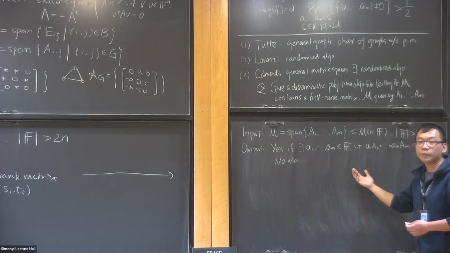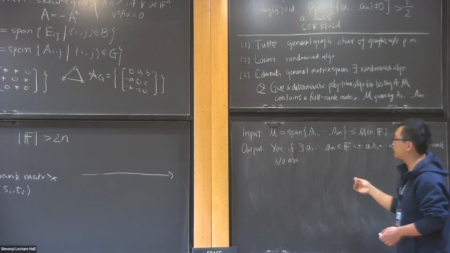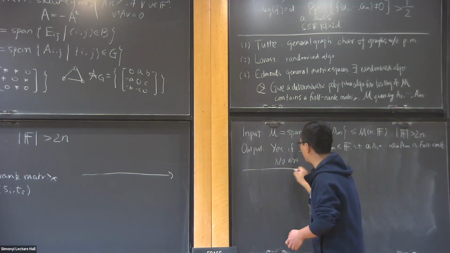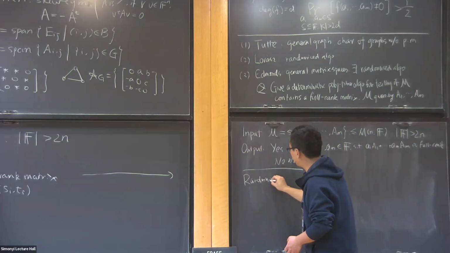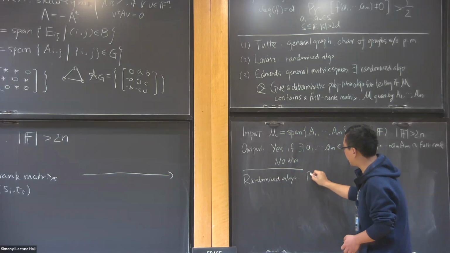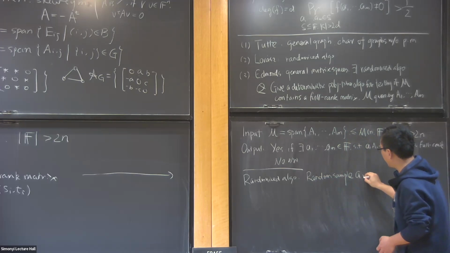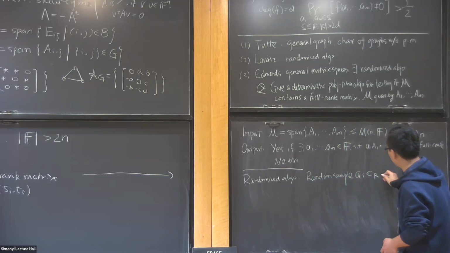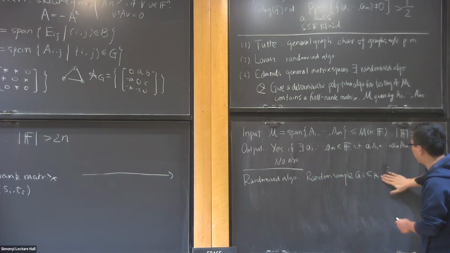Given this problem, a randomized algorithm will go as follows. You randomly sample each coefficient from the field F, maybe a subset of the field which is large enough.